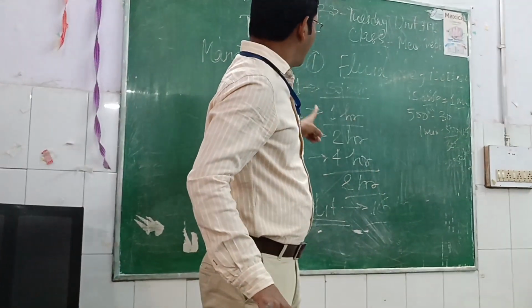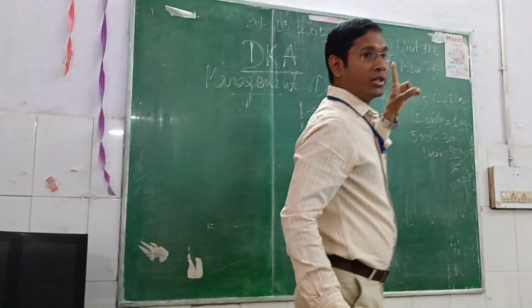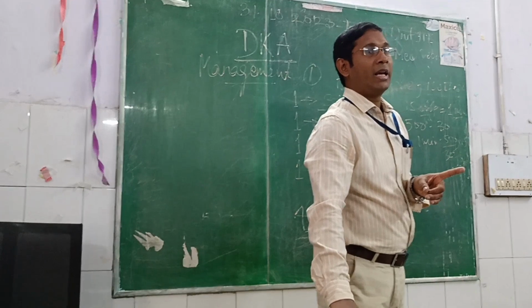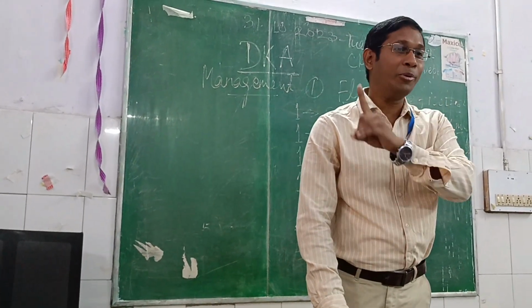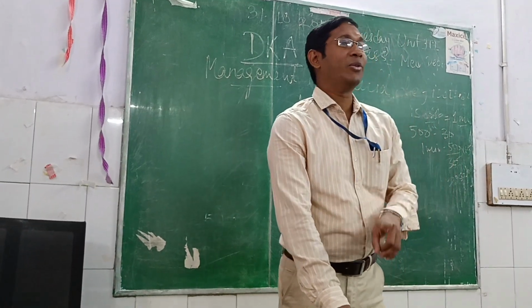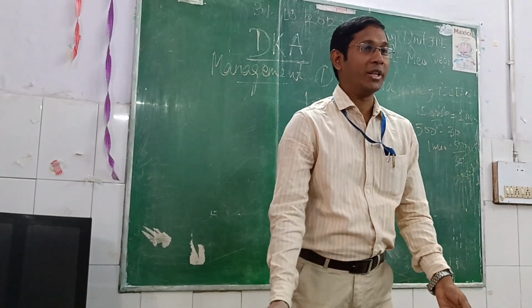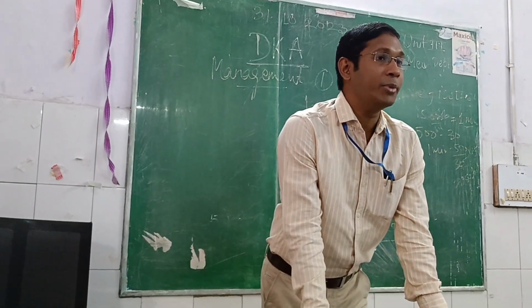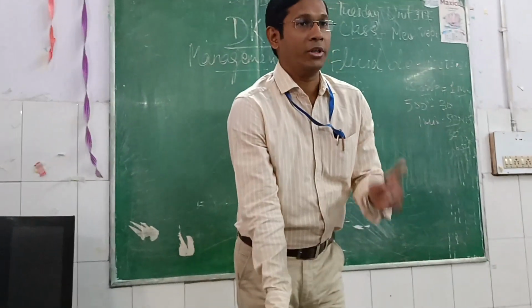Is DKA commoner in type 1 diabetes or type 2? No, we see more cases of type 2 in our emergency ward, that's why we encounter diabetic ketoacidosis in them. But DKA is fundamentally more common in type 1 diabetes mellitus.